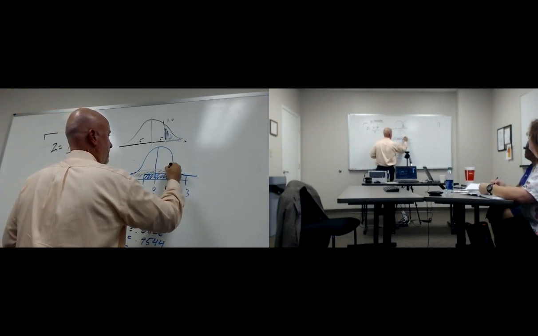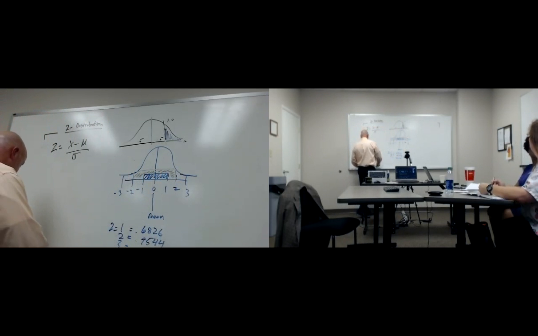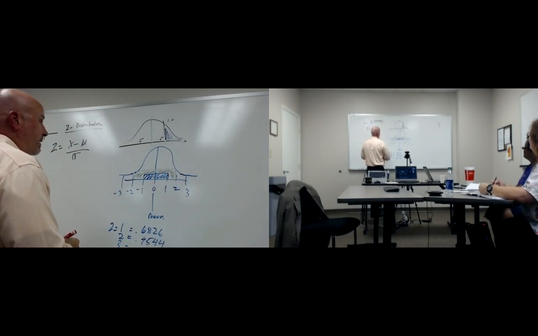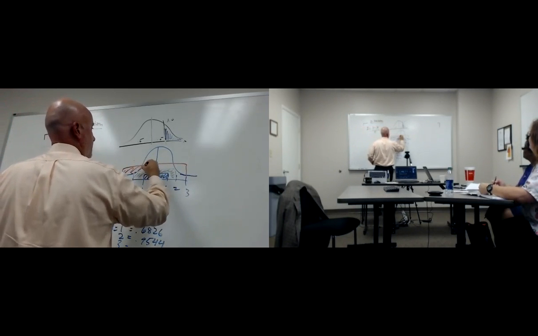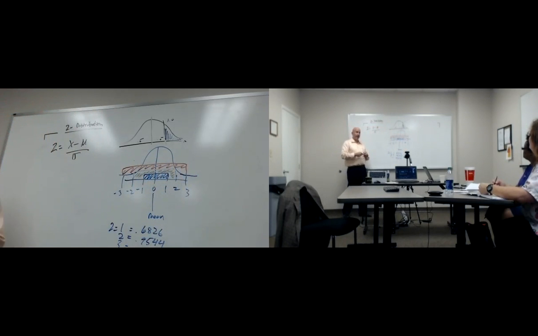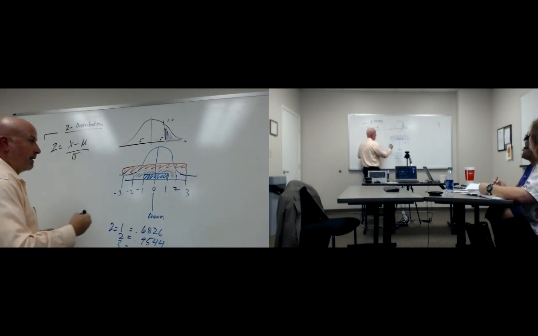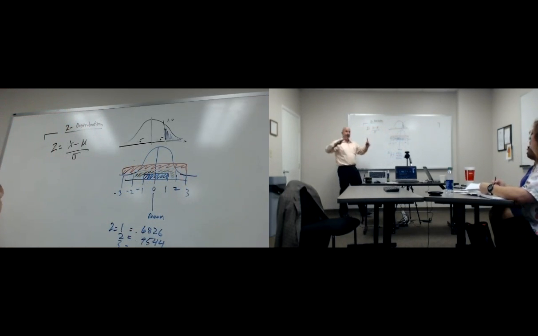Calculating a z of 2 puts me in this area. The calculation of 3 is going to pretty much put everything under the curve.